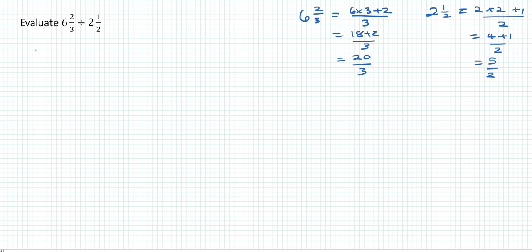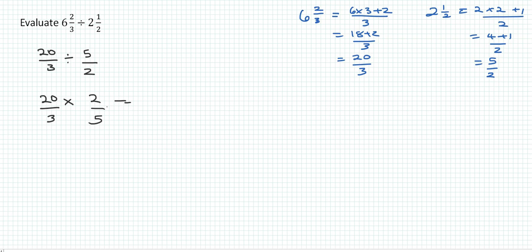So now our problem is going to be written this way. We're going to write 20/3 divided by 5/2. So now we're saying here that we're going to flip the fraction on the right hand side. So that's going to be 2/5, and then we can change the sign to a multiplication.